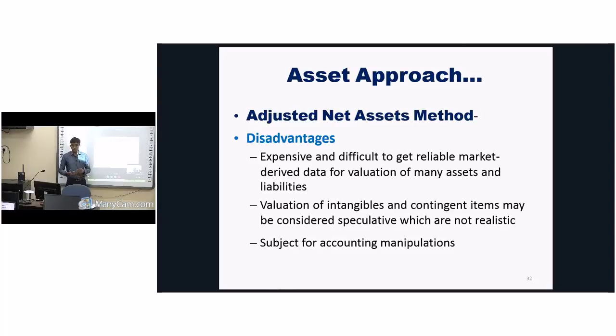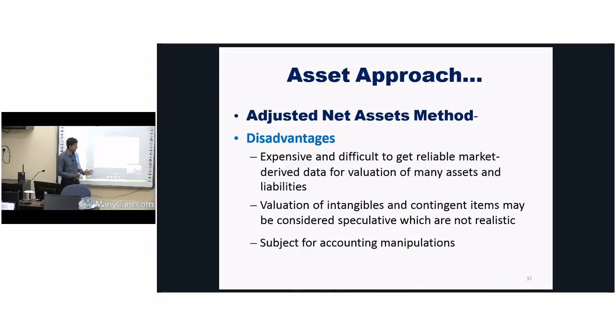These adjustments and provisions can distort your numbers, but we are looking at that information to value a business. Sometimes you may put a higher percentage of depreciation just to show a low value in your net asset value, but it is not a realistic thing. So it is subject to manipulation. So you have a reliability question on this method.